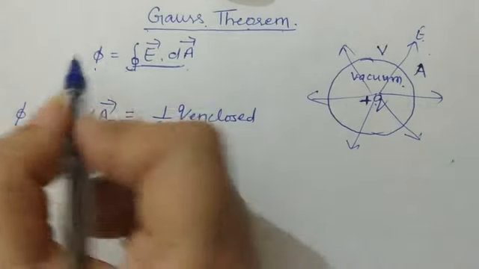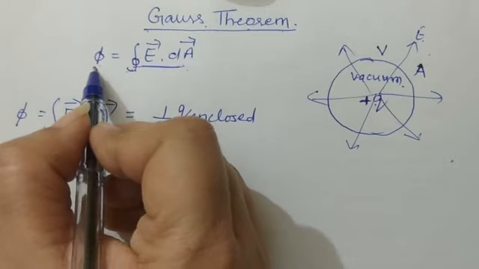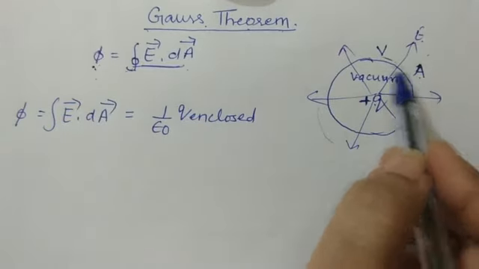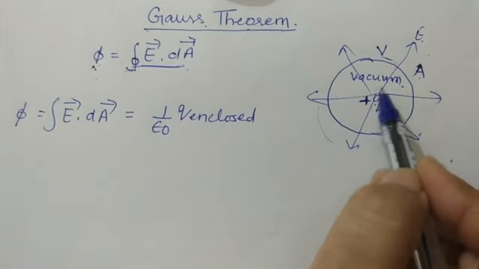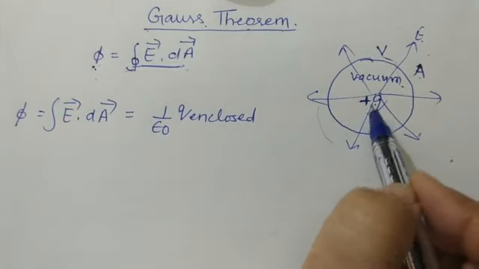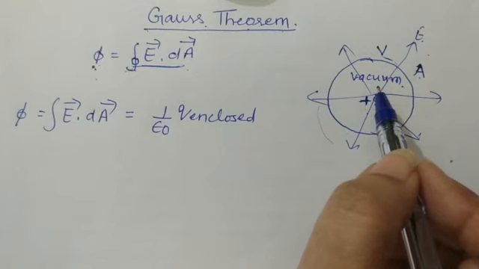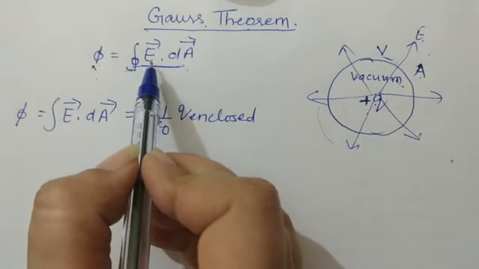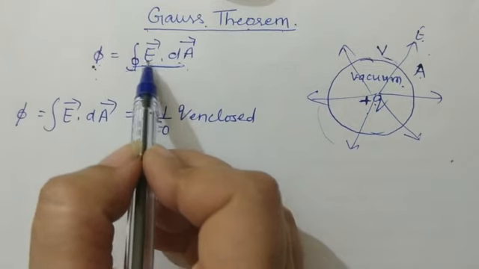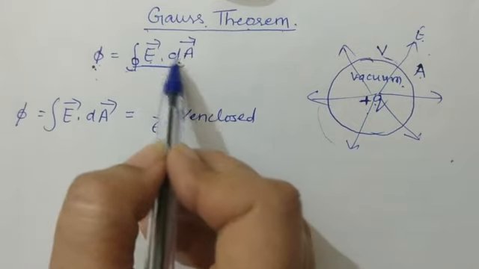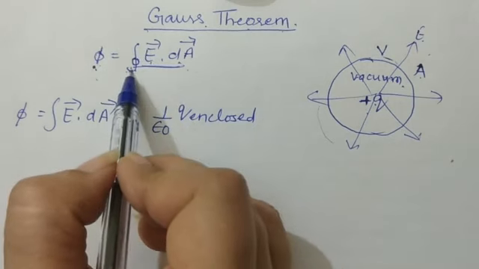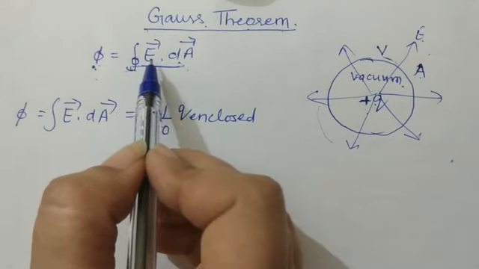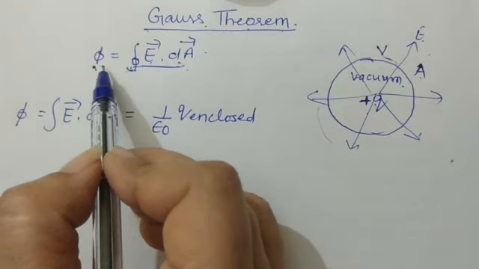Means if I have to calculate the electric flux linked with this surface, say A, which has a volume V and plus Q charge enclosed in it, then one method of calculating this flux is that we first calculate E dot dA, the dot product of electric field with this small portion of area, and then we integrate it twice, that is, we take the surface integral of this, and then we'll get the value of electric flux.